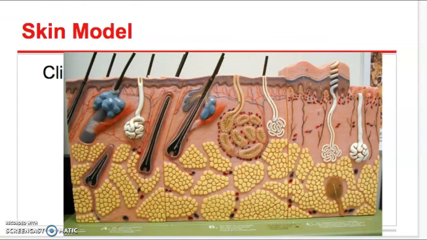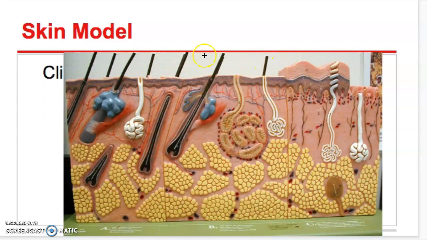In your lab practice slideshow, you have pictures of this skin model, and I just want to go through it because this skin model is great. It has a region of thick skin where you can see that stratum lucidum. You can also see the Meissner's corpuscles and the Pacinian corpuscle.